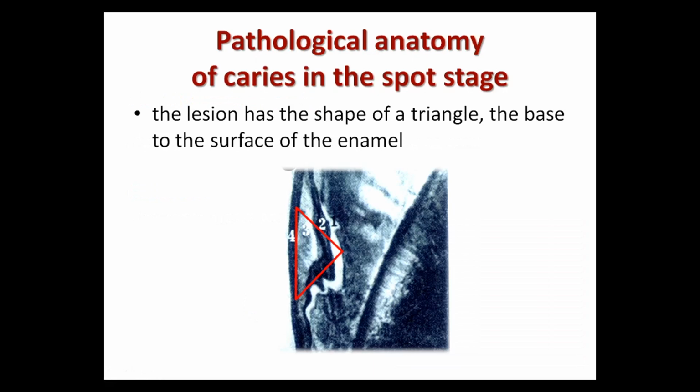Pathological anatomy of caries in the spot stage. The lesion has the shape of a triangle, the base to the surface of enamel.